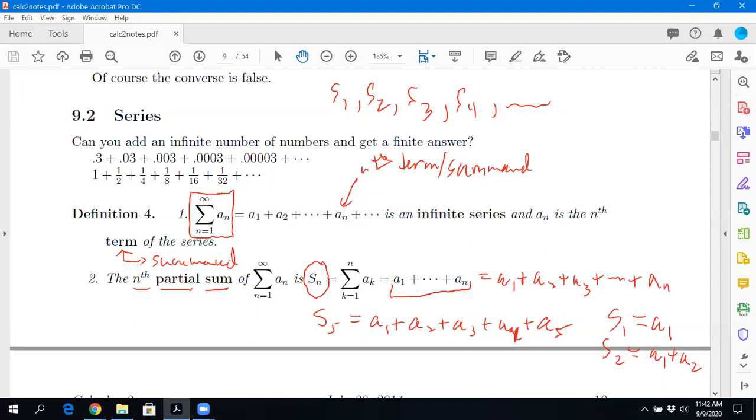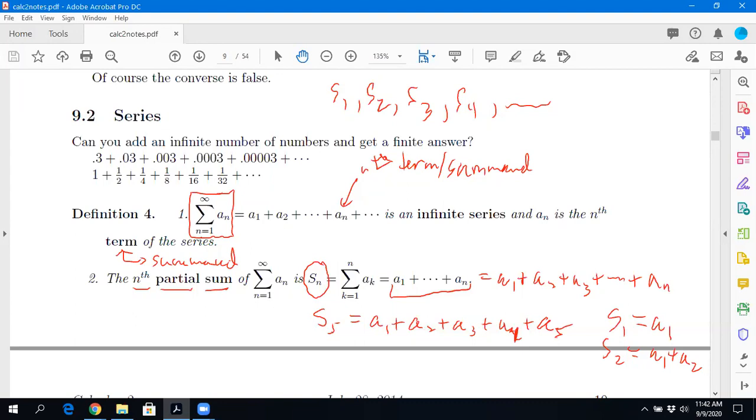Which direction are they going to be going? Up the whole time. So if I can show that the sequence of partial sums is bounded, what is that going to tell you about the sequence of partial sums? It will converge, and therefore the infinite series will converge. Does that make sense? Well, it just depends on what you're adding together. It really just depends.